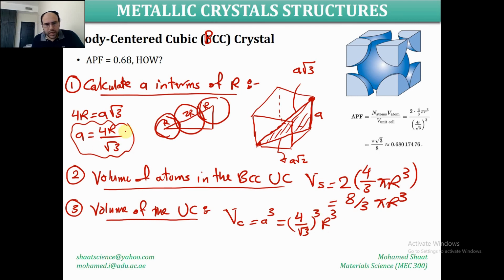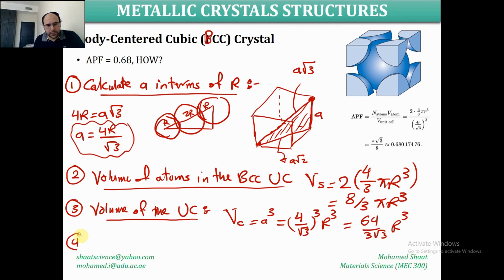I'm just calculating the cube of this term. So this is going to be 64 divided by 3 square root of 3 r cube. This is going to give us the volume of the unit cell.